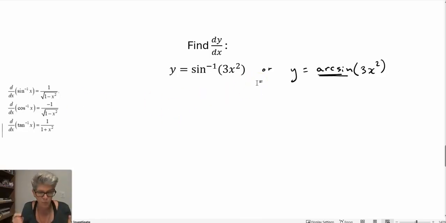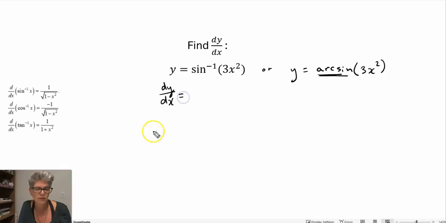Okay, so what we're going to do is we're going to go with this form, and we're going to take the derivative of both sides with respect to x. So the derivative of y with respect to x is going to be dy dx. And then the derivative of inverse sine, well, I'm going to use that stock formula, but I don't have inverse sine of x.